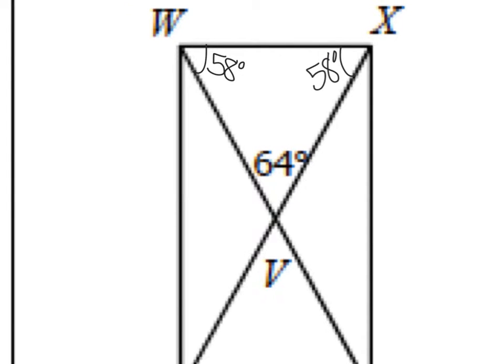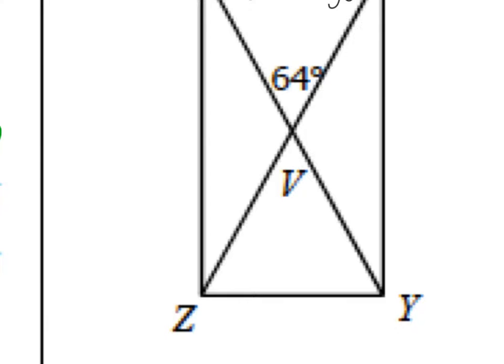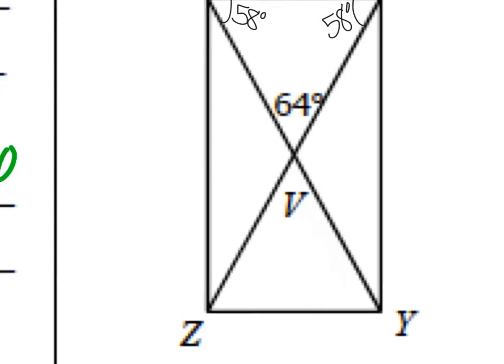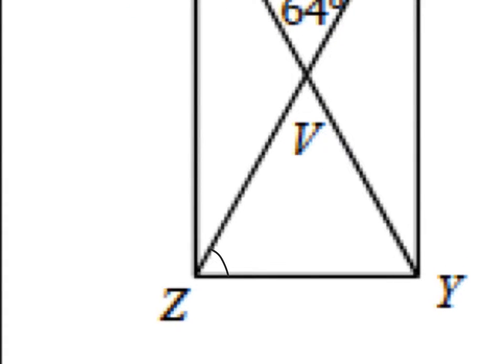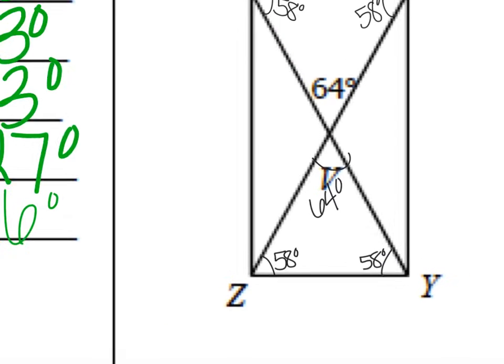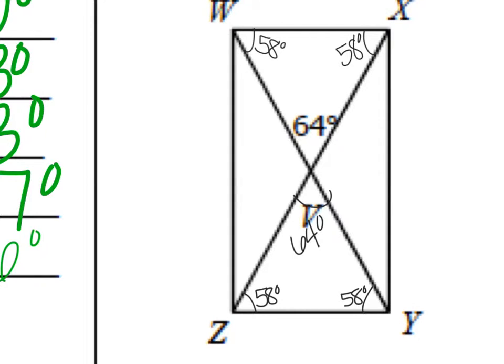Okay. And then I'm going to go down here to this other triangle, sorry. I'm going to go ahead and label my 58, and that's going to be 64, okay? And now let's look at the blue one.